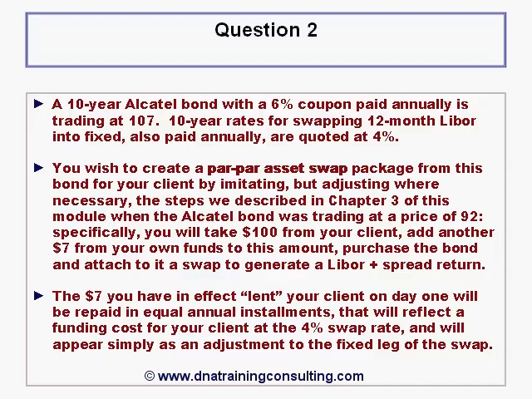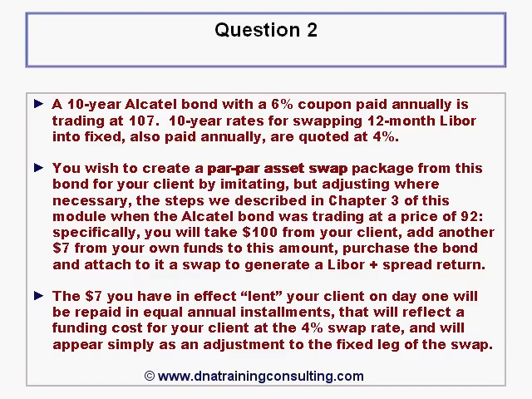Question 2. A 10-year Alcatel bond with a 6% coupon paid annually is trading at 107. 10-year rates for swapping 12-month LIBOR into fixed, also paid annually, are quoted at 4%.